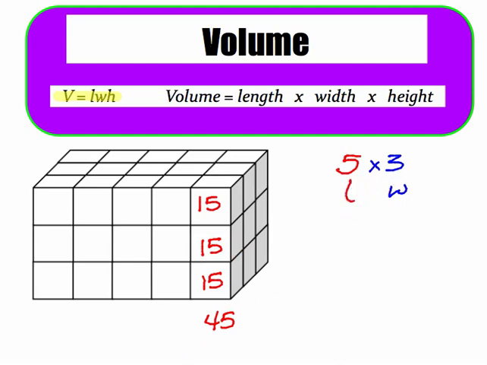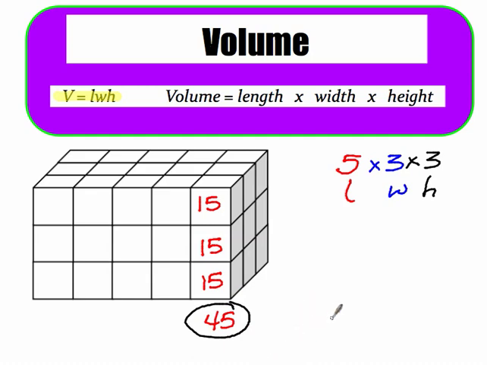And now my height. 1, 2, 3. So let's see, 5 times 3 is 15. 15 times 3 is 45. So it works by counting, but it also works by using the formula.